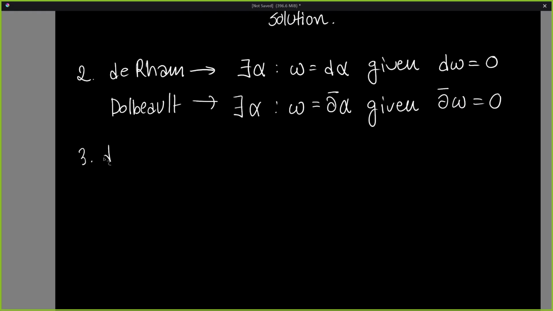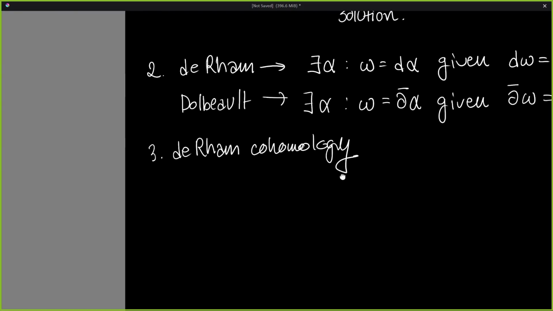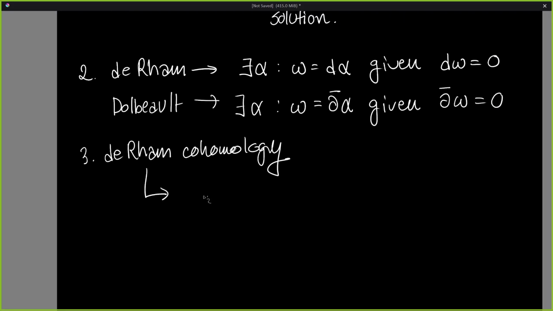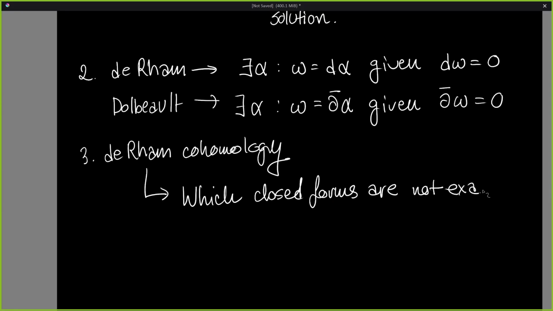Then we looked at the de Rham cohomology groups. We looked at the central idea, which is which closed forms are not exact, because closed forms detect closed curves and exact forms detect boundaries.